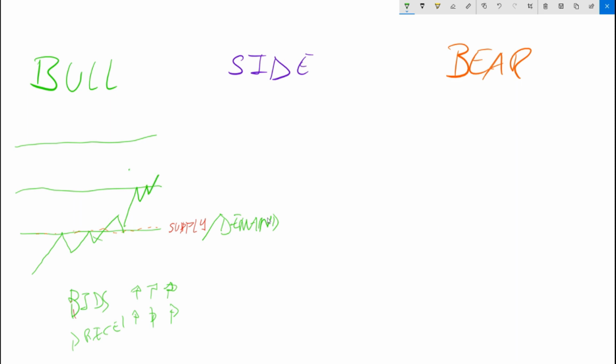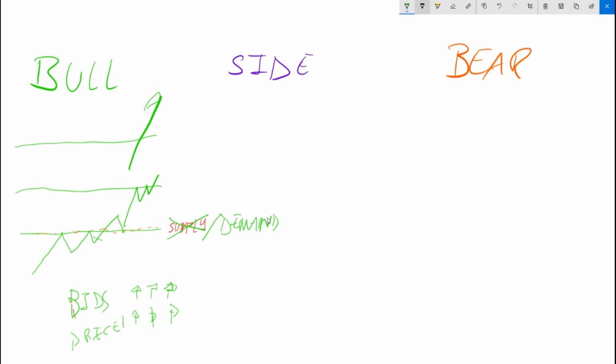Or it can literally go through it without reaction. The reaction that we have on a resistance on the way up really depends on how much supply there is on the resistance. Once it is violated, the supply has been totally used. We only have demand left, and then it turns into a support.